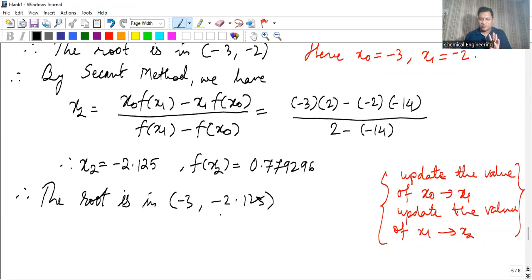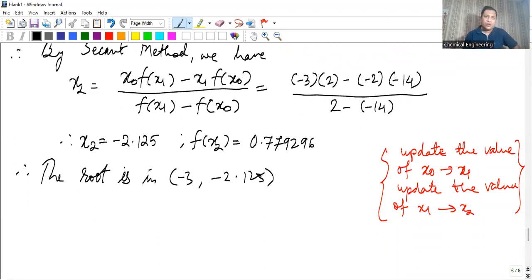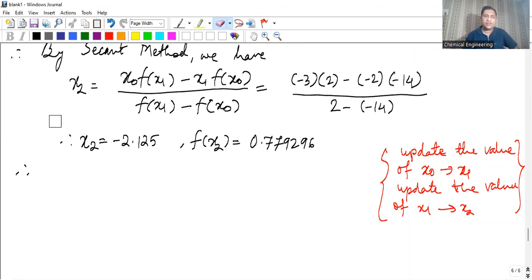Okay. So if you go with the interval, it will be like this, and that's why we have to go with the next iteration. So what will be the next iteration?